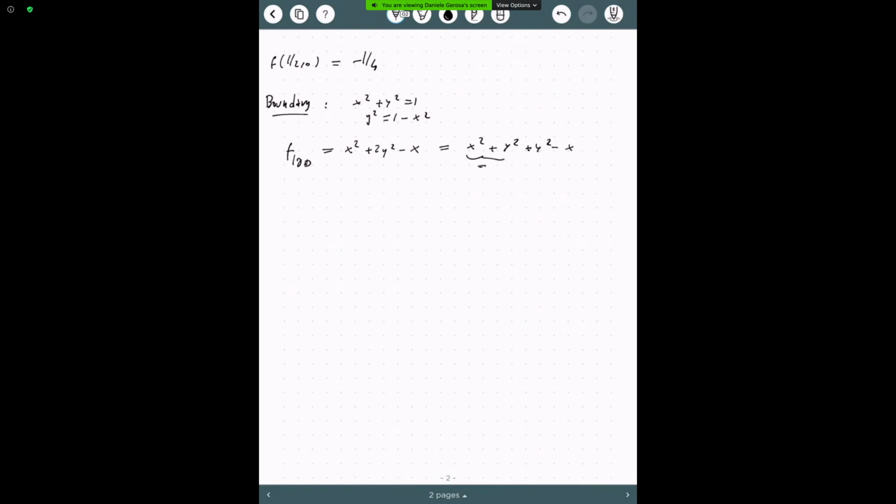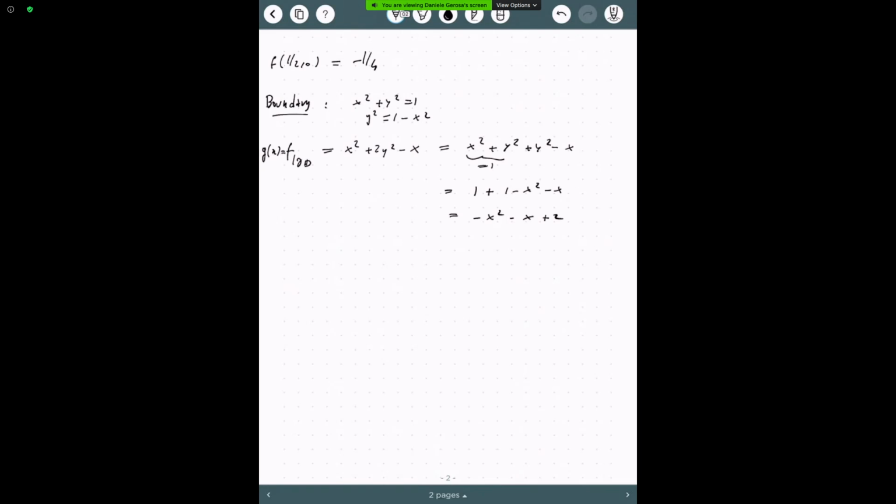This x squared plus y squared is now equal to 1 because we are on the boundary. We have 1 plus y squared minus x, so we get a second order function in one variable, right? And this is something that we might call, for example, g of x, because it's a one variable function.